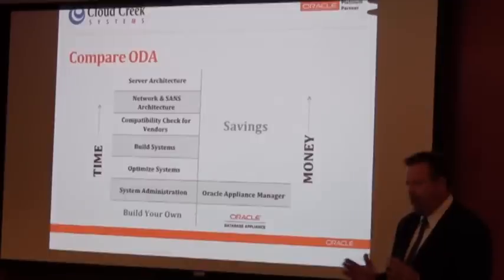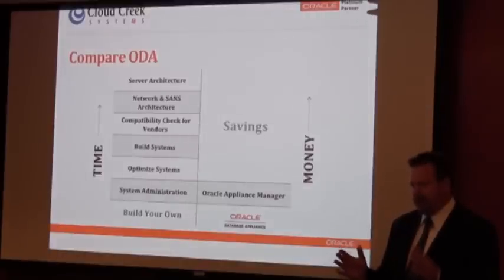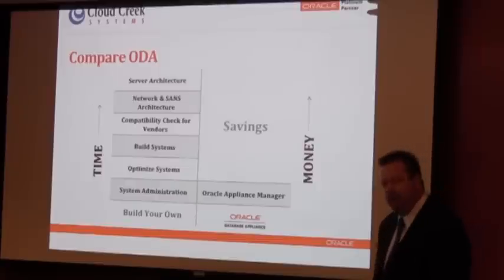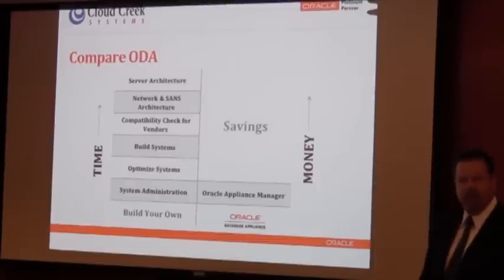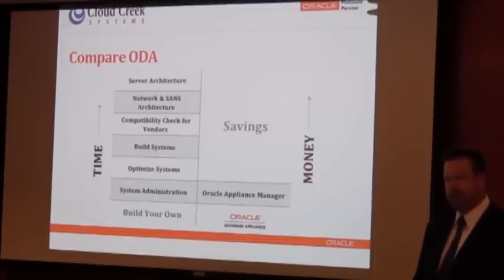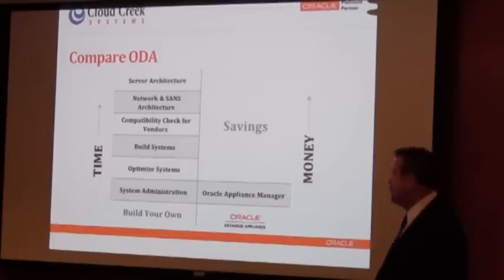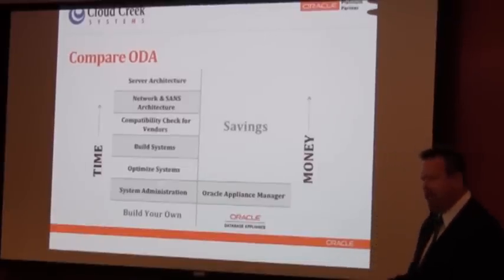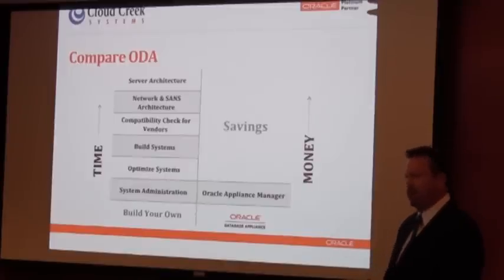Now, I've focused on how easy the installation is after you receive the equipment. What I didn't tell you about is if you're going to try to design a 2-node RAC system similar to ODA, some of the things you're going to have to commit time to. You're going to have to architect servers. You're going to have to talk to those vendors and say, what do you got? Here's my sizing requirements. You're going to have to go through that iteration.